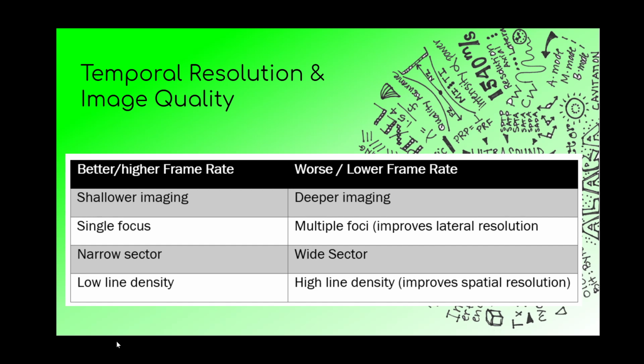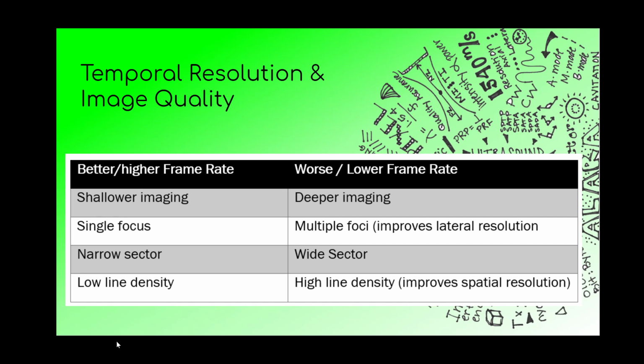We need to bring in the sector, just the anatomy that we're looking at, decrease the line density, not to the point that we're losing too much detail, but enough detail to improve our frame rate, and make sure that we only have one focus on, so we can get the real movement, real-time imaging of moving structures.